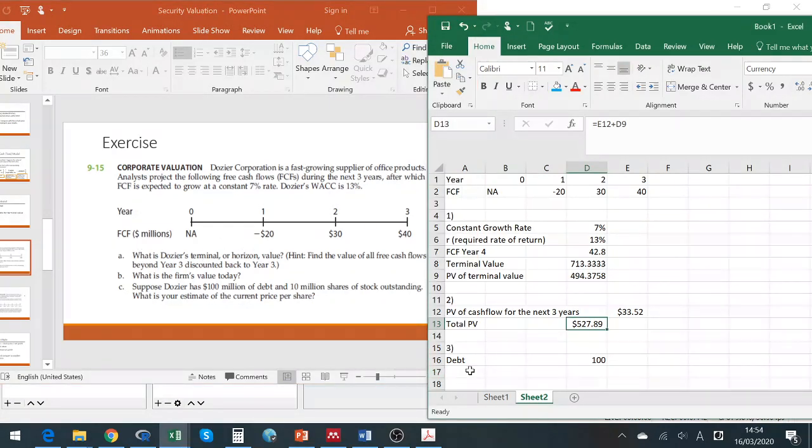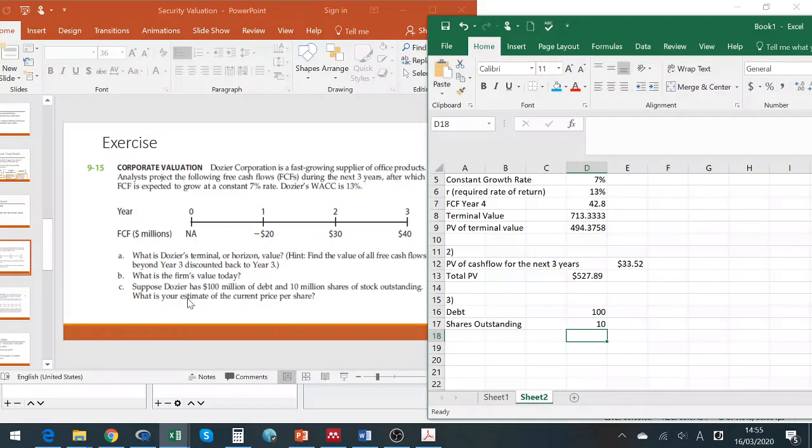They have 10 million shares. The question is, what is your estimate of the current price per share?